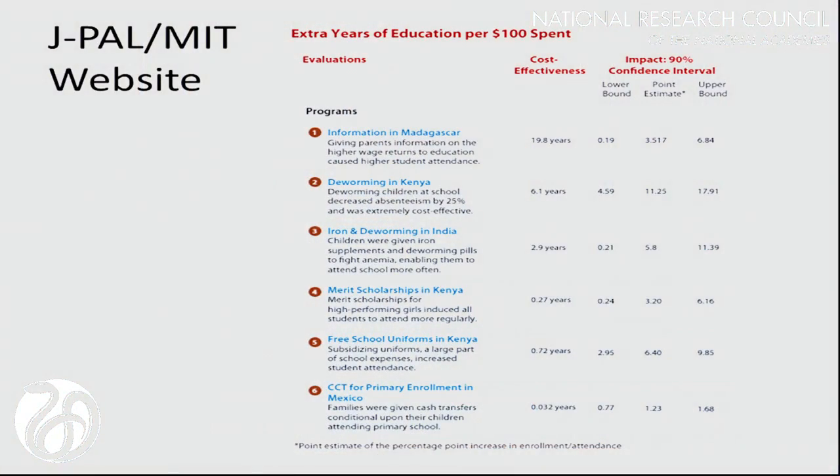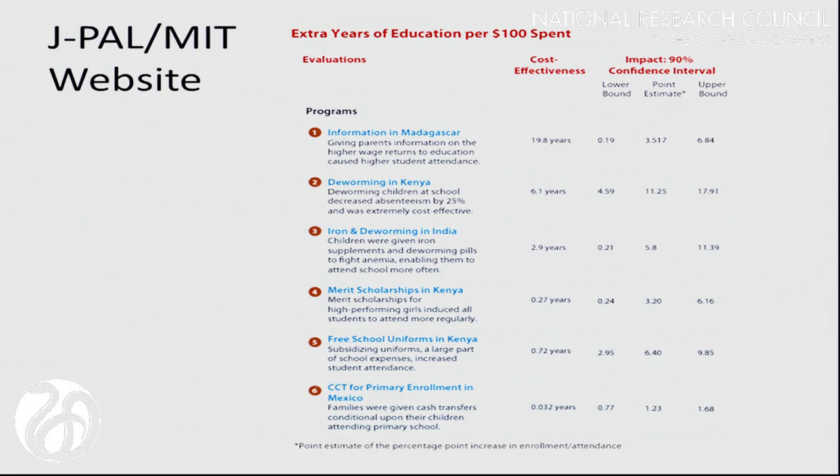And I want to illustrate that point in the last two slides by taking this illustration, which I find a somewhat bothersome illustration. J-PAL is the Poverty Action Lab at MIT, and this is from their website. This is intended as guidance for what you get per buck. How many extra years of primary schooling do you get if you spend $100?